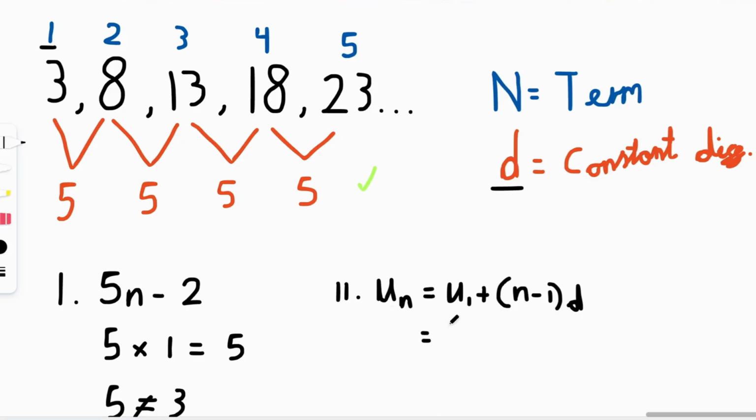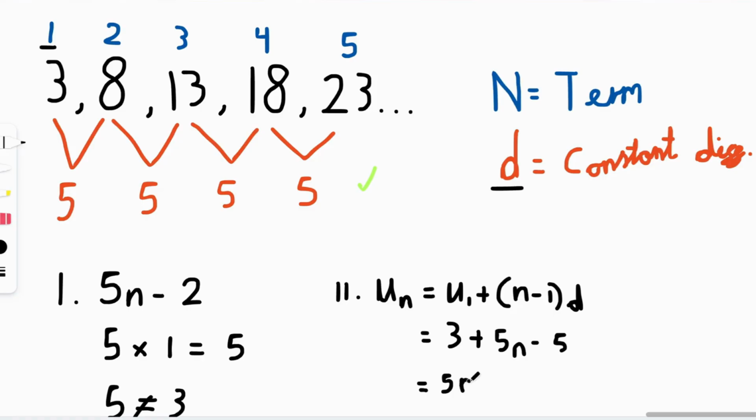So we substitute in all the values that we have, so 3 plus n minus 1 times d, which is 5 in our case, would be 5n minus 5, and that would equal 5n, then 3 minus 5 is -2, 5n minus 2.